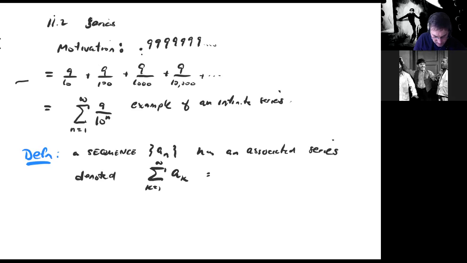So what I mean by this is a1 plus a2 plus a3, etc. Now, the real question we might have is, what does it mean to take an infinite sum of numbers?